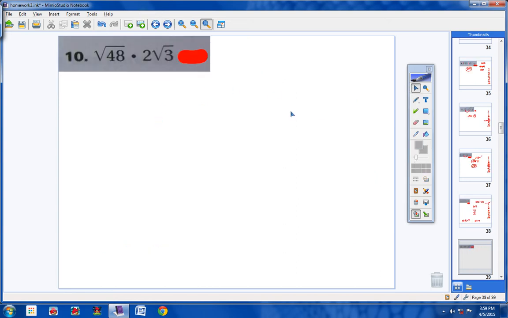Alright, number 10. Even though you can't see it, your outside number here is 1. So 1 times 2 is 2. Inside number times inside number would be 144. Well, guys, 144 is a perfect square.